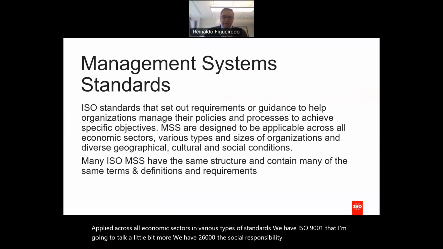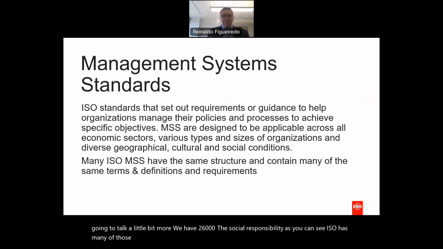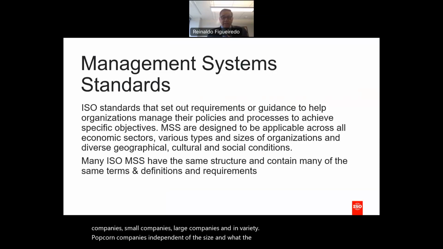As you can see, ISO has many of those management system standards, and they can be used in small companies, large companies, and a variety of companies, independent of the size and what the company produces or provides.